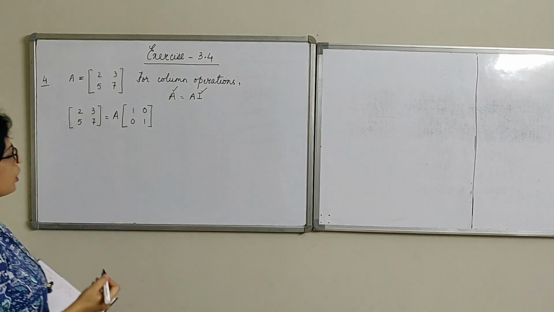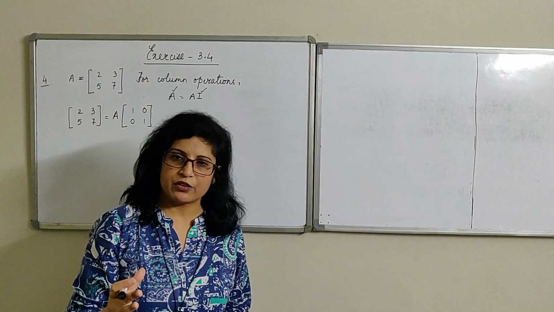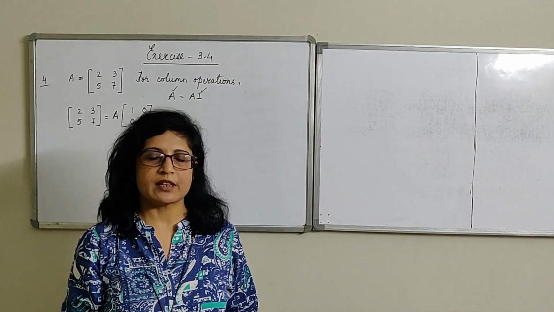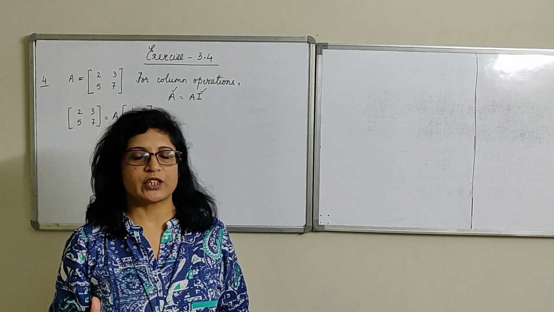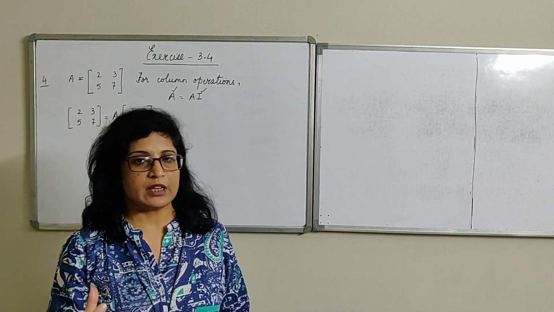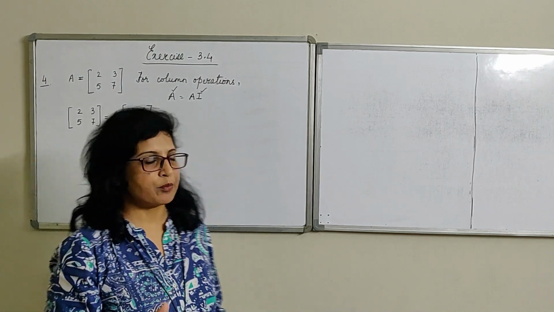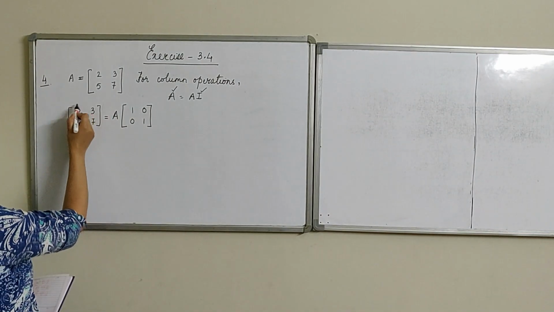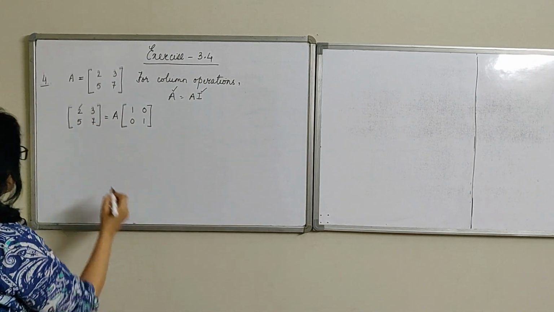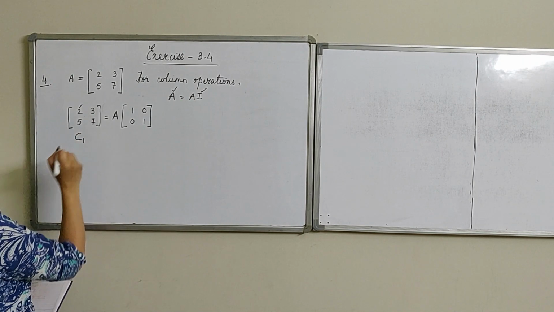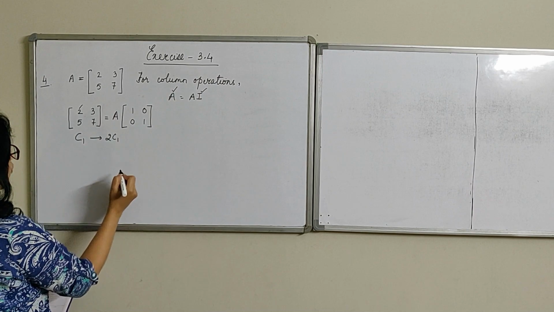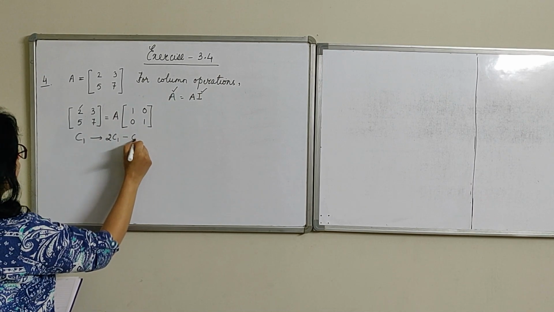So here in column operations, we know that matrix A on the left hand side has somehow to be converted into an identity matrix, and while performing column operations, we will ensure that corresponding rows of the identity matrix are obtained. So suppose we want to obtain the first row here, accordingly we want this element to be 1. Because this element is in the first column, let us perform an operation of this kind: 2 times C1 minus C2.